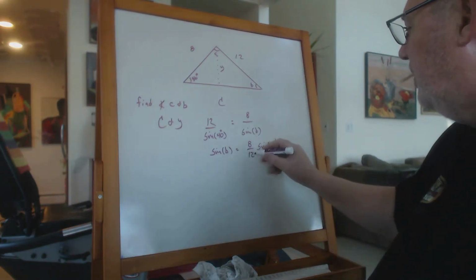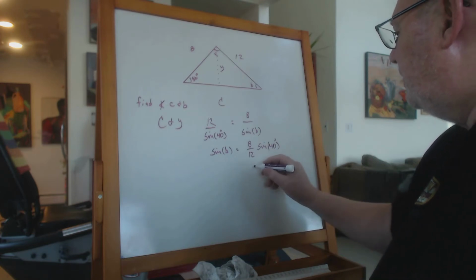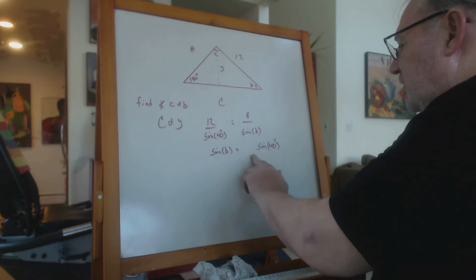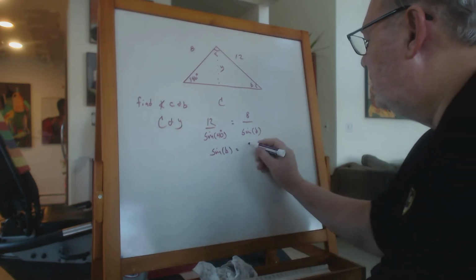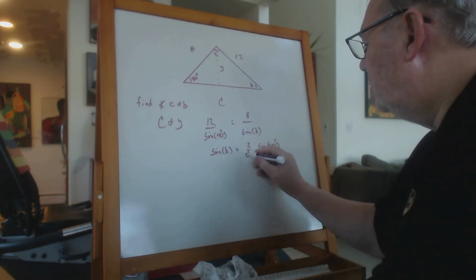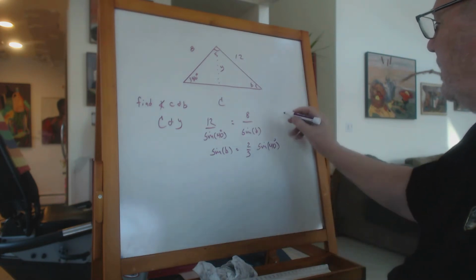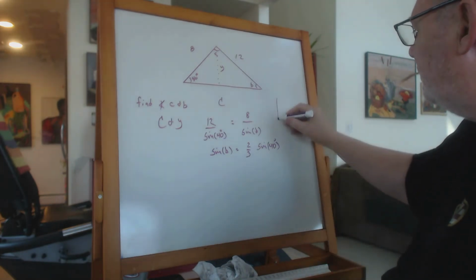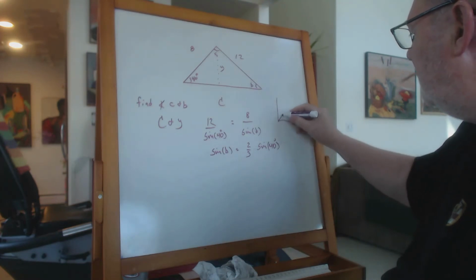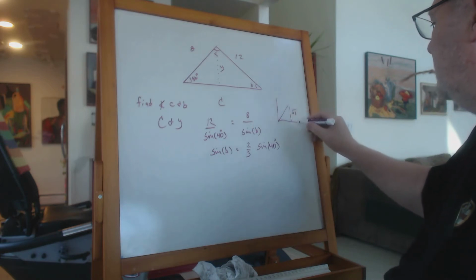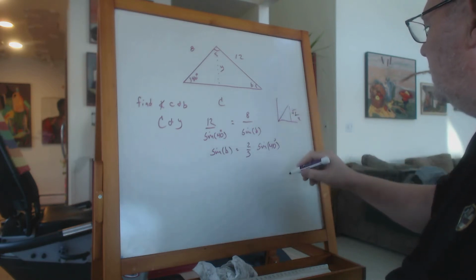And 8 and 12 are both divisible by 4, so we can say that is 2/3. And sine of 45 is square root of 2 on 2.